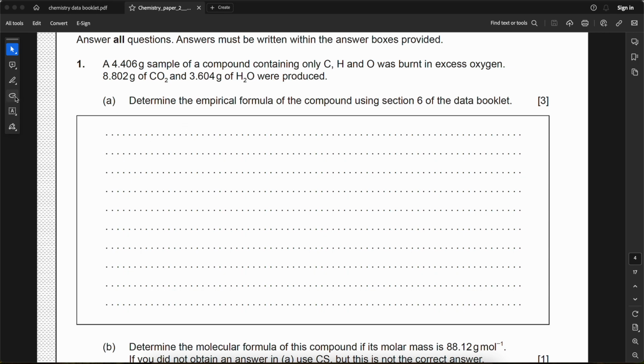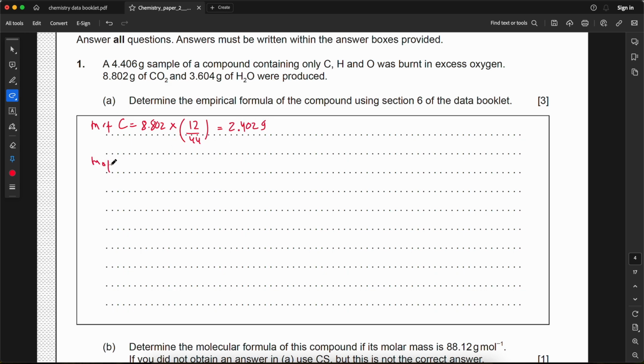So first we need to find the mass of carbon in CO2, which is 8.802 times 12 divided by 44. 12 comes from the relative atomic mass of carbon and 44 is the molecular mass of carbon dioxide. So you get 2.402 gram.